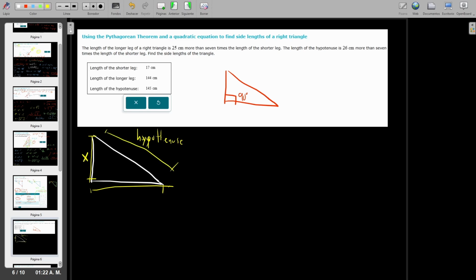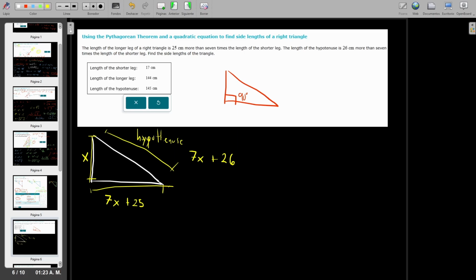So this is the shorter leg. Now the longer leg is 25 centimeters more than 7 times the length of the shorter leg. So it's going to be 7 times the value of the shorter leg, plus 25. Now the hypotenuse says that, again, 7 times the shorter leg plus how much else? 26.